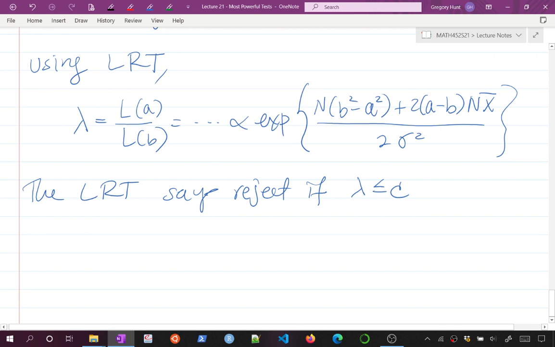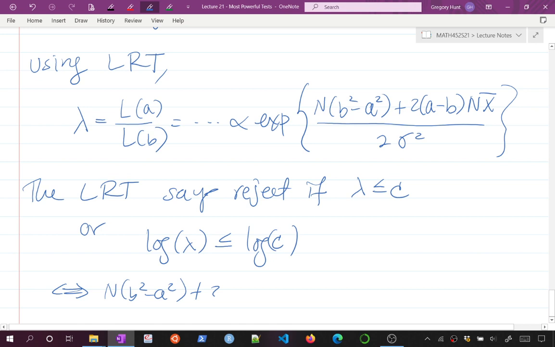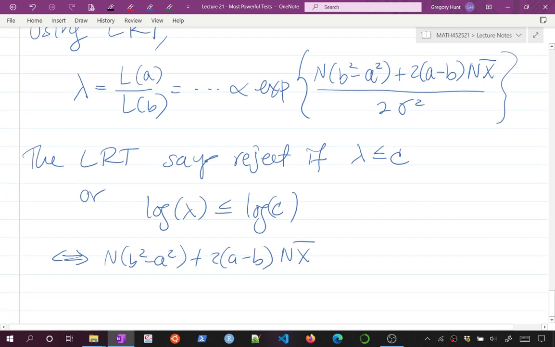So equivalently, if I take logs on both sides, log of lambda is less than or equal to log of c, that would be equivalent to saying that n times b squared minus a squared plus 2 a minus b times x bar is less than or equal to, and I can move my 2 sigma over, something like this.